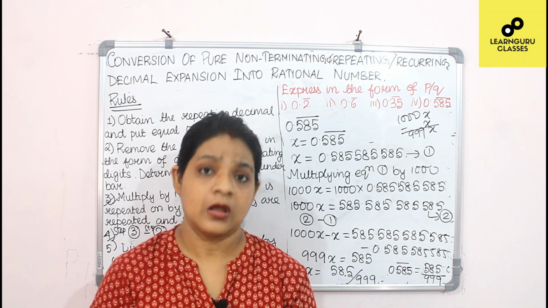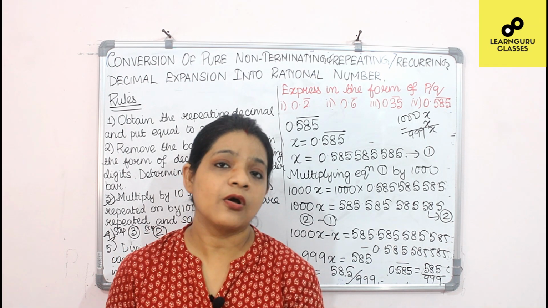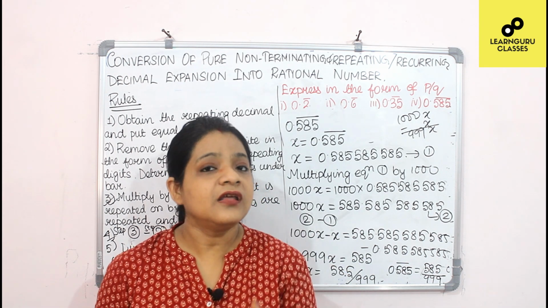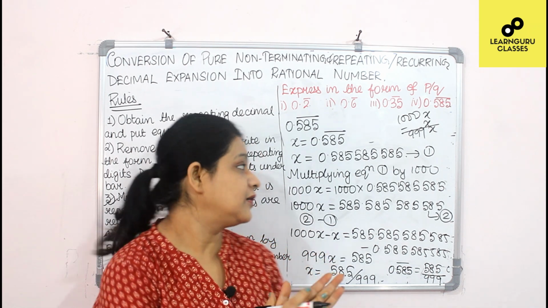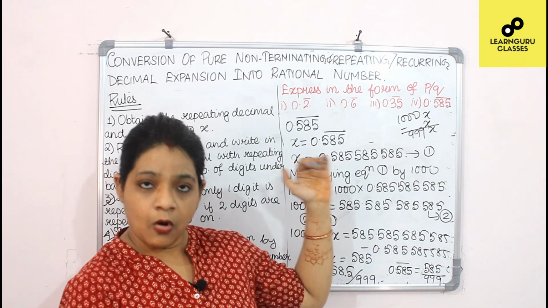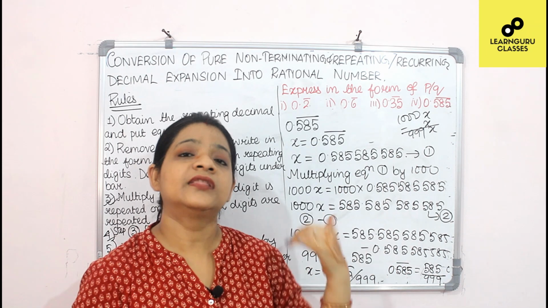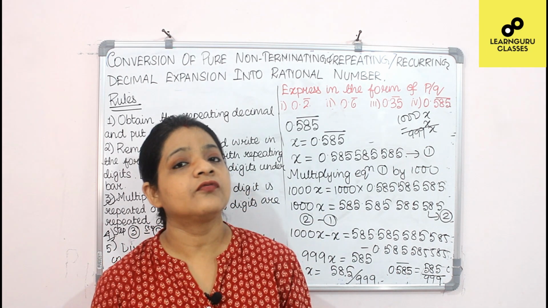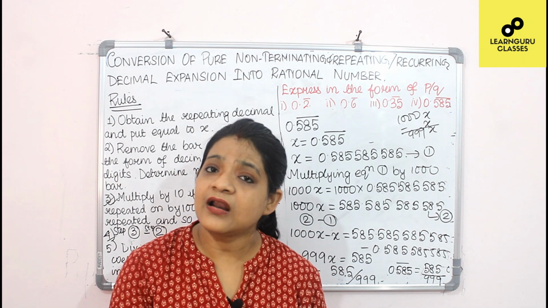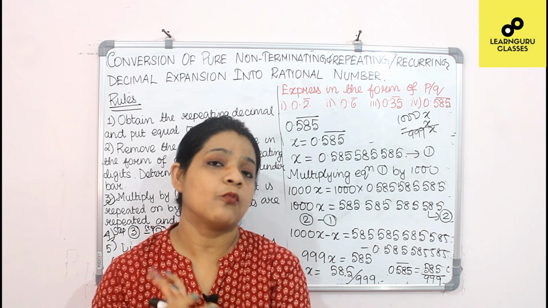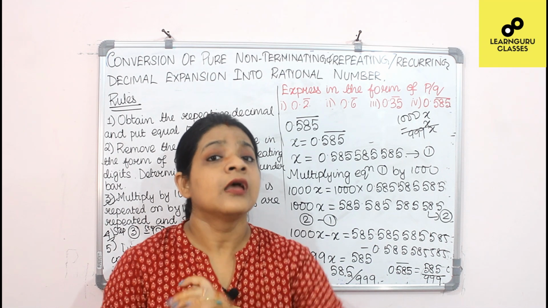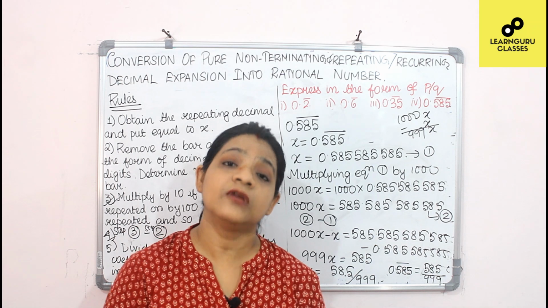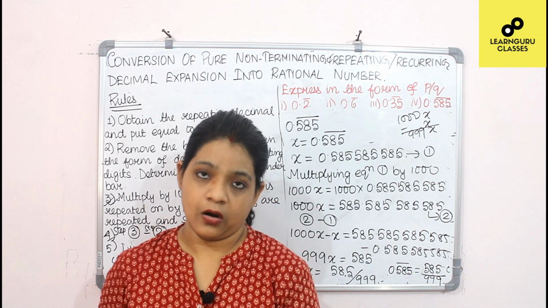Now you have to check how many digits are under the bar. If one digit is under the bar, you will multiply both sides with 10. If 2 digits, you will multiply with 100. If 3 digits, with 1000. If 4 digits, with 10,000, and so on.